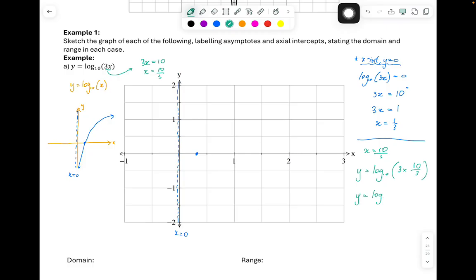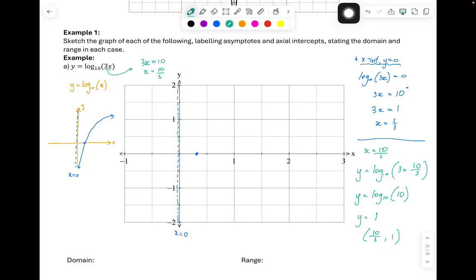What's going to happen to those 3's there? One of the 3's is in the numerator, one is in the denominator. They cancel out and it becomes 10. Log base 10 of 10 is equal to 1. So our coordinate here is quite neat. It's 10/3, 1.